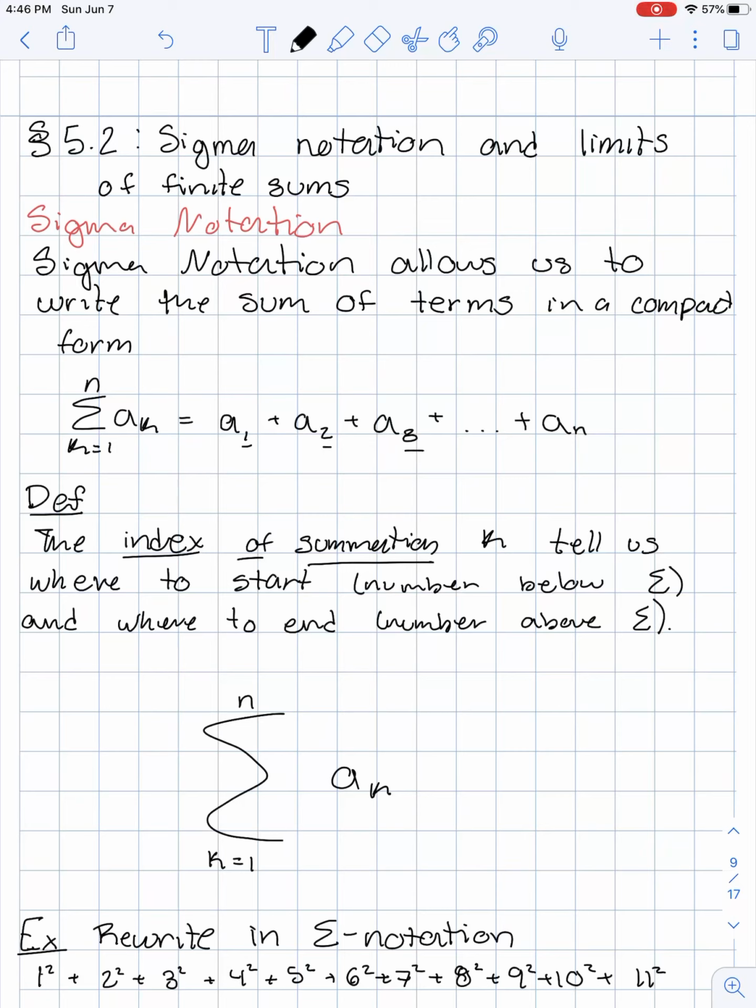The number on the bottom, k equals 1, tells me that k is my index and that I'm starting at 1. And the number above the sigma, that n, tells me where to end. I'm going to go all the way up until whatever n is. Right now we're just saying n because we don't know. If you're told to calculate it, you'll be given an n.